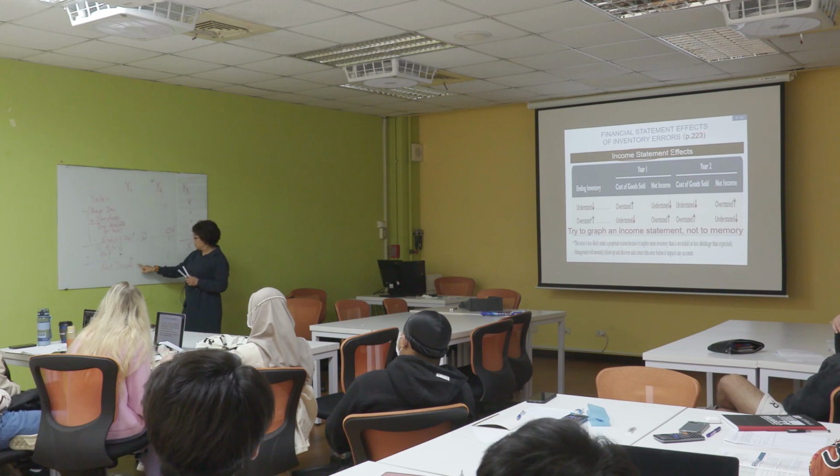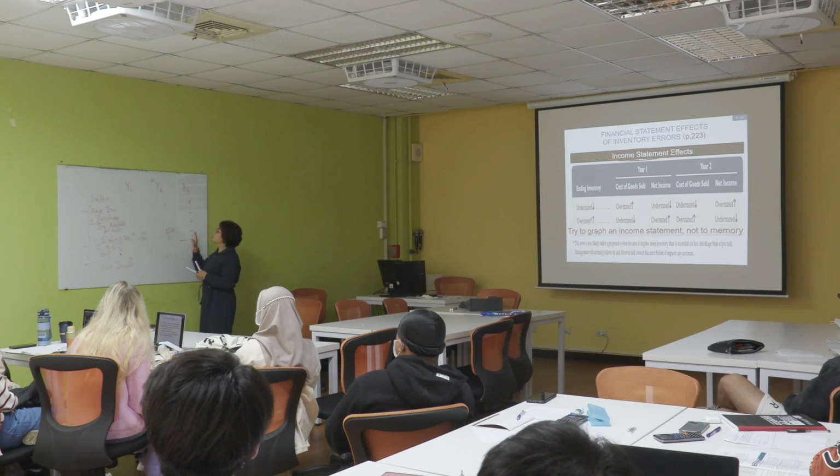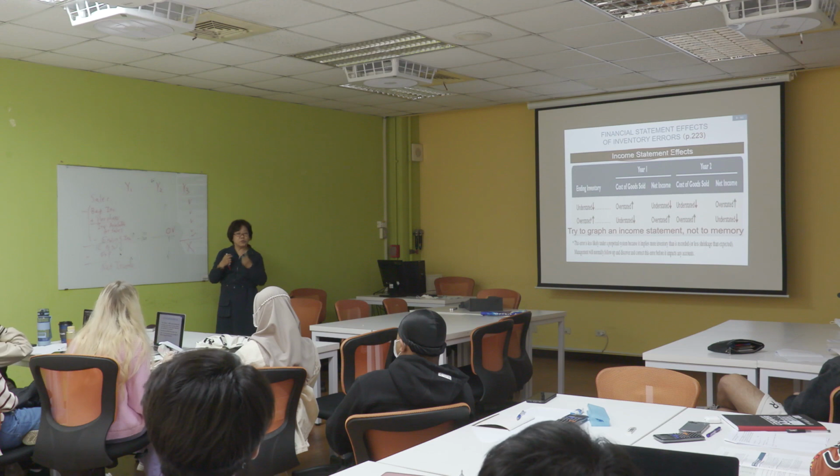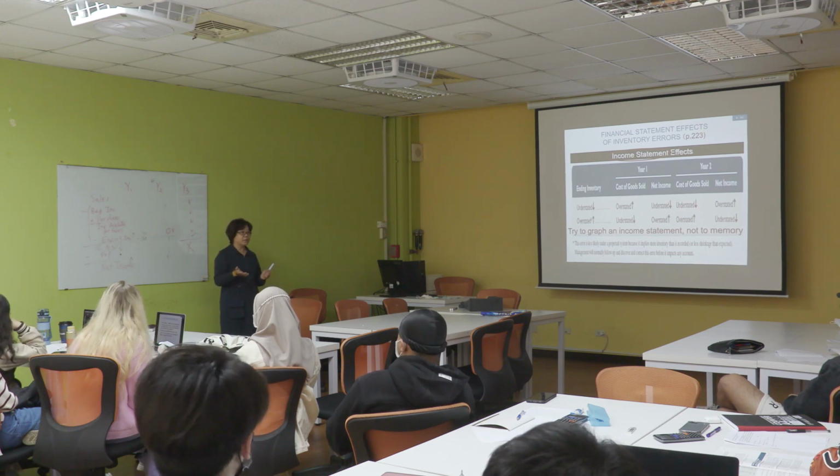Year one goes up, and year two definitely goes down. The numbers offset, and for year three, nothing happened. It only lasts for 2 periods. We just need to remember that.